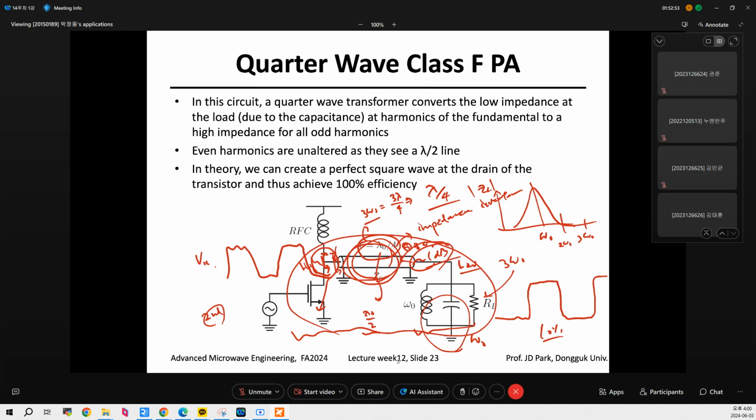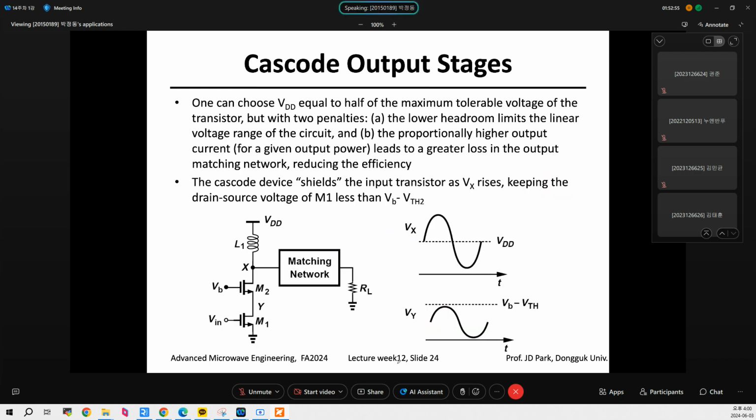All right. Let's talk about the cascode output stage. So this is what we've done. We just add up a cascode stage. What's the good thing and the better thing about this? The good thing is, by adding this, even though this has a limited breakdown voltage, we can sustain a much higher voltage swing.